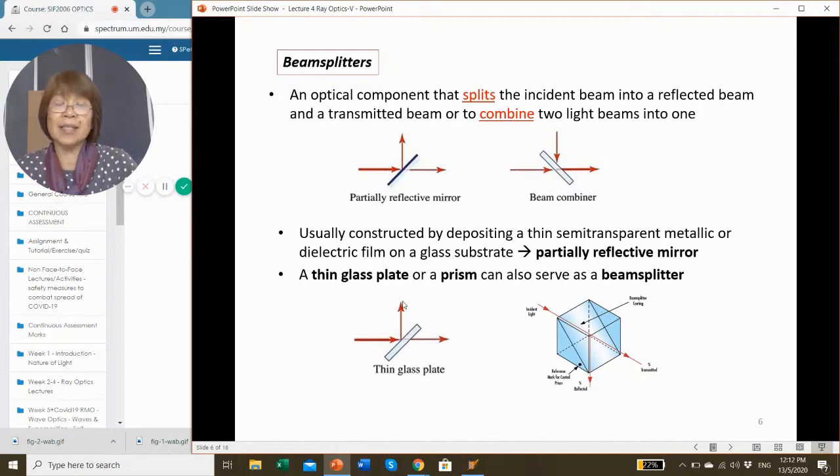You get partly reflected, partly transmitted. And a prism also can be used as a beam splitter. For example, if you look at this arrangement here, with incident light coming in, there are two prisms combined as one. So at this interface, part of it is reflected and part of it is transmitted.